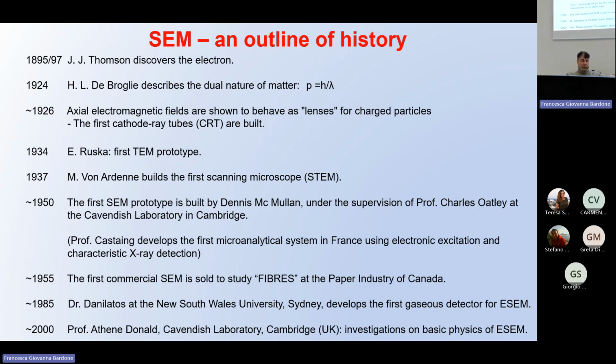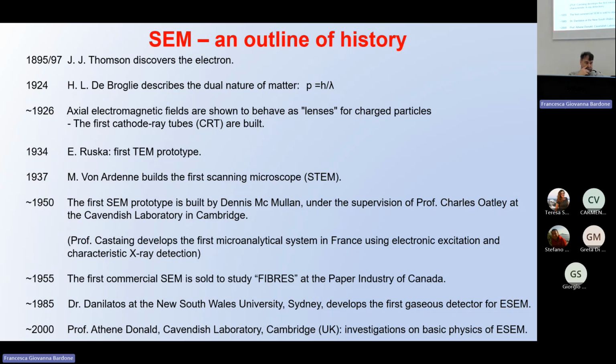So in the 50s, the British group was focused on the construction of an instrument which could surpass the limit of the optical microscope. And the group in Cambridge developed the scanning electron microscope.